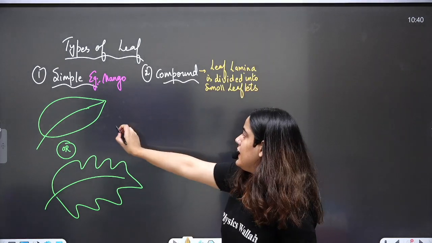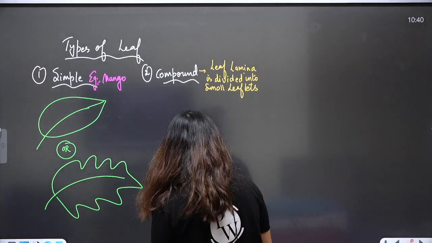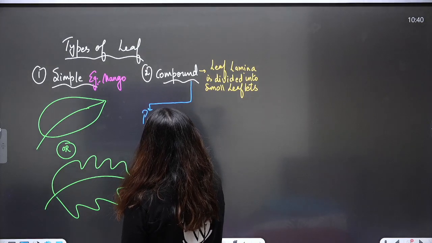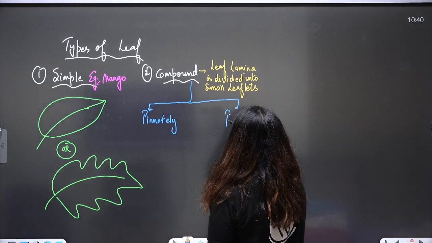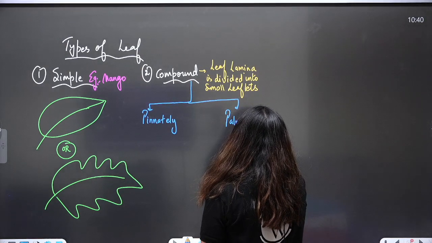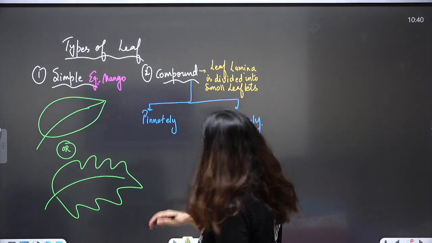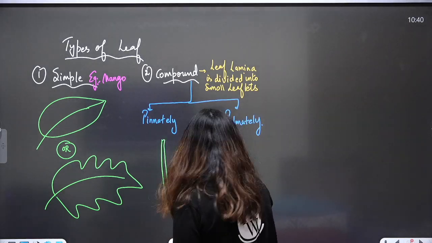The whole leaf lamina is divided into small parts known as leaflets. There are two types of compound leaf, pinnately and palmately. Pinnately means, beta, this is the stem, right?